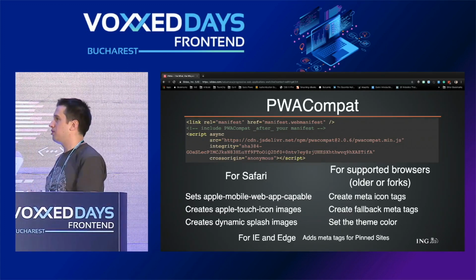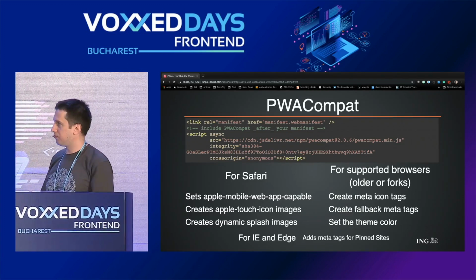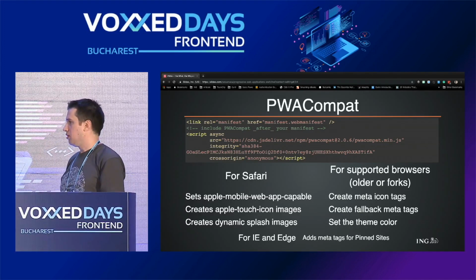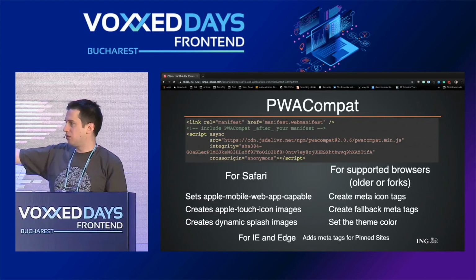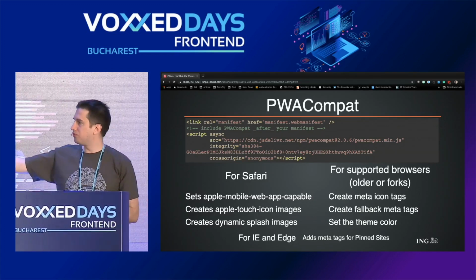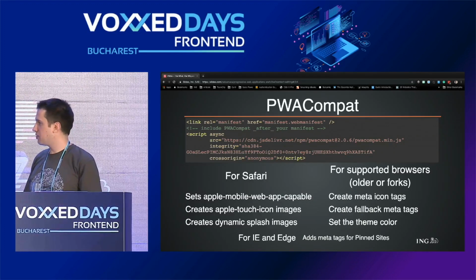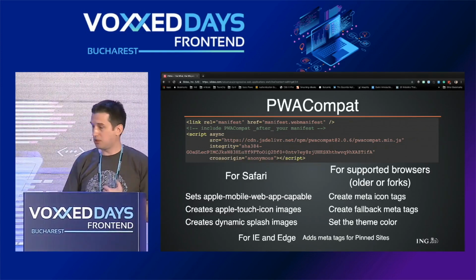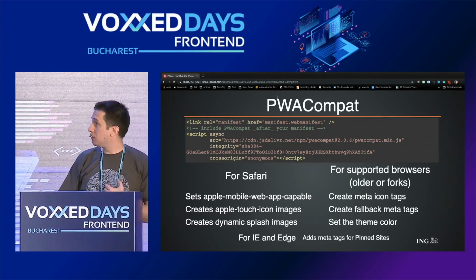You can do it manually, or you can use a tool called PWA compat that does it for you. Basically, you have to do this for Safari, but again, you can have older browsers or forks of browsers, or if you want that thing for IE, which I have no idea what that means. Pinned sites, I think, is something that appears somewhere here at the top.